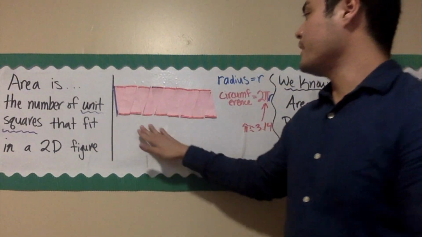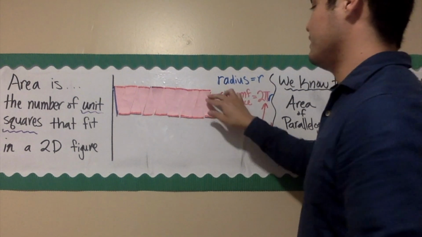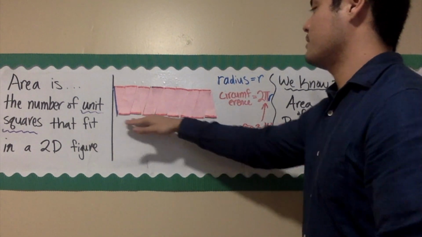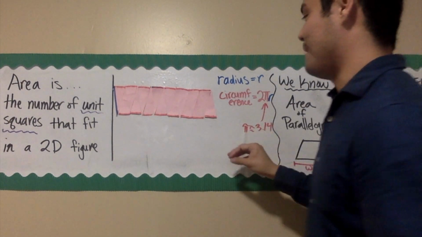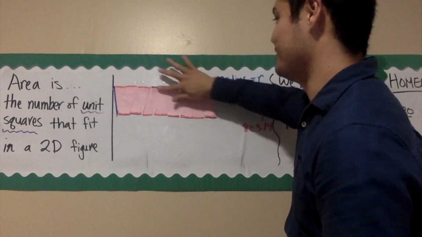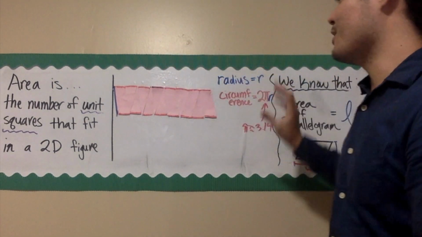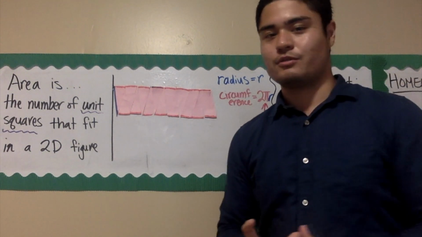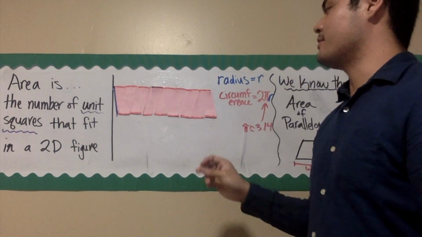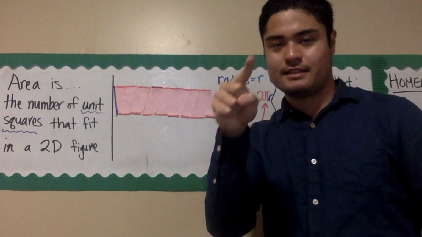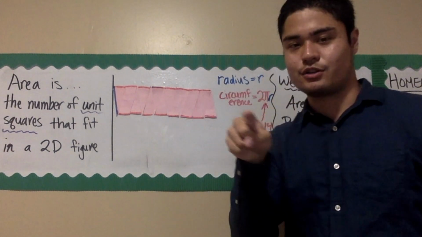Okay, so I rearranged my circle and it looks like a four-gon, a four-sided figure. I'm not an artist, it's not perfect, but you get the idea. So remember, in the original circle, the radius was blue and the circumference was red. The circumference is the length on the outside of the circle.